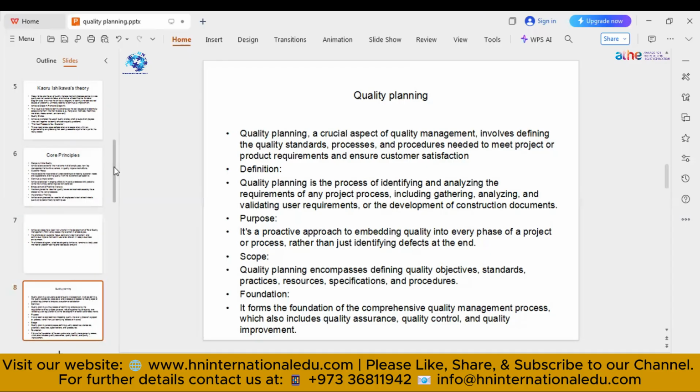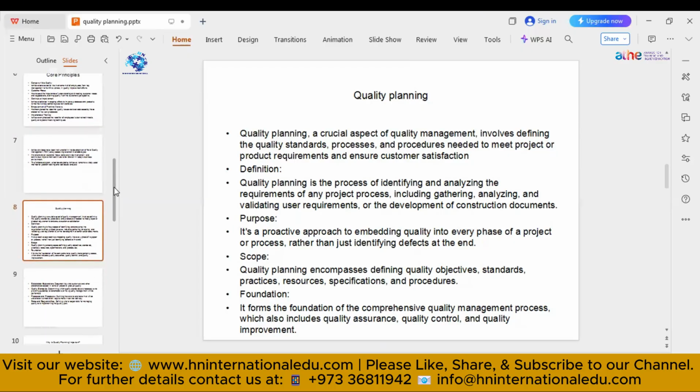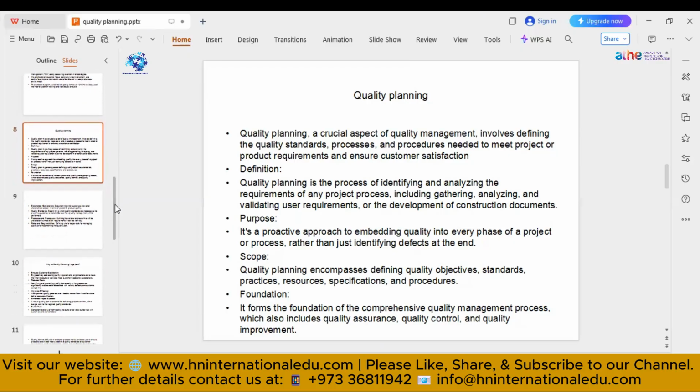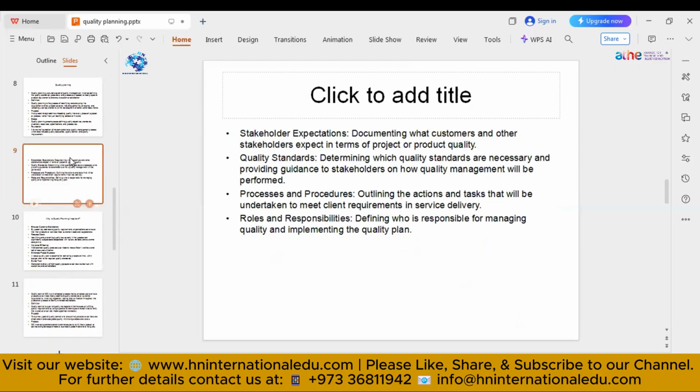And how we do all these things, there are different processes. Like for quality improvement, you need customers' feedback. For quality control, you need your trained staff. For quality assurance, you should make sure that your employees are trained enough and the product meets the well-established standard. Stakeholders' expectations: documenting what customers and other stakeholders expect in terms of project or product quality.